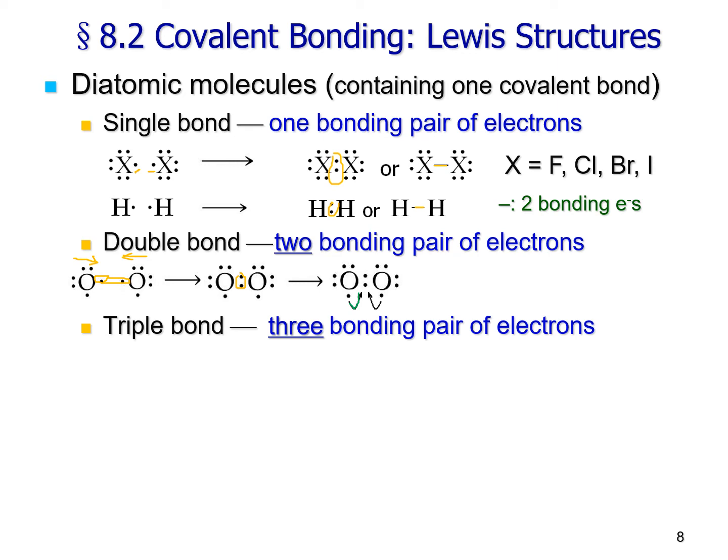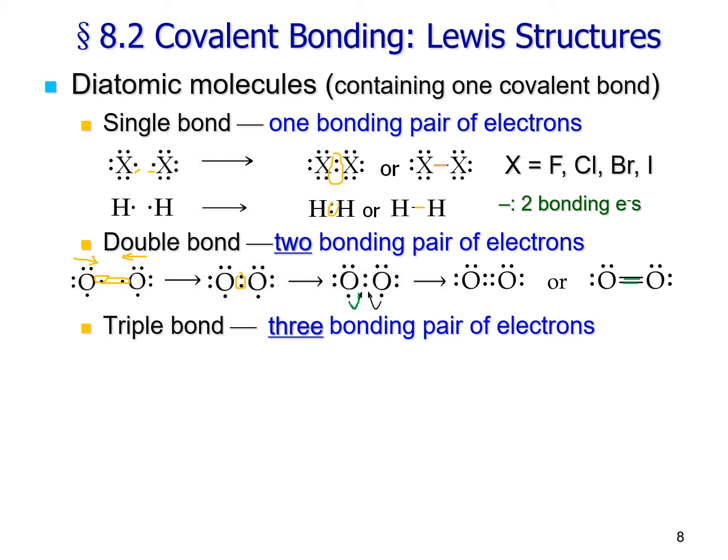And since we got 2 more electrons going into the bonding region, we have 4 electrons forming a chemical bond. 4 bonding electrons, meaning 2 bonding pairs. 2 bonding pairs, we have 2 dashes to represent such a double bond.